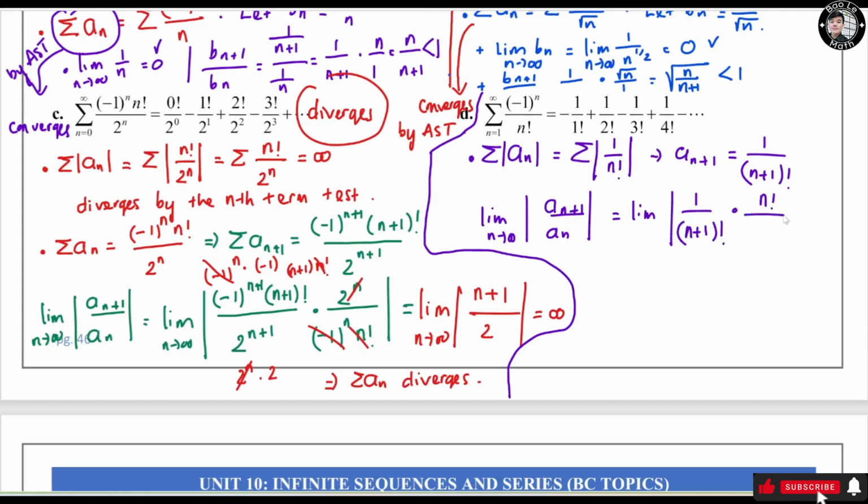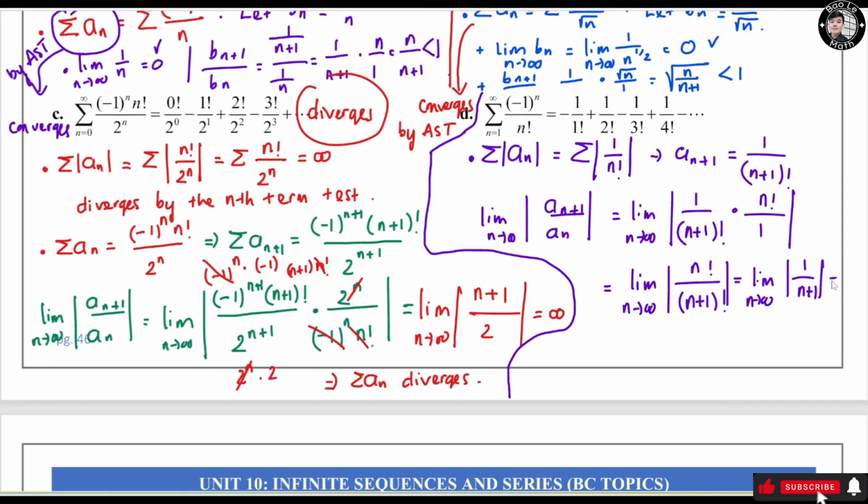So it could be n factorial over 1, when n approaches infinity. So it's going to be the limit of n factorial over n plus 1 altogether factorial, which is the limit of the absolute value of 1 over n plus 1 when n approaches infinity.